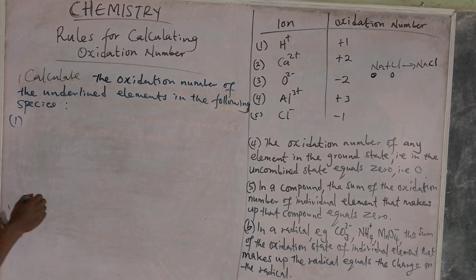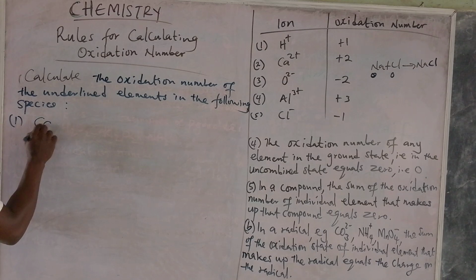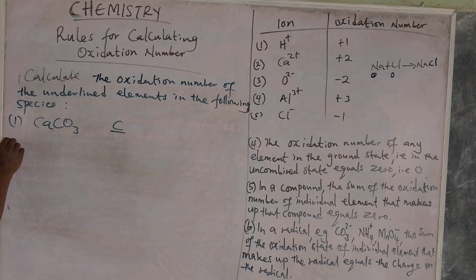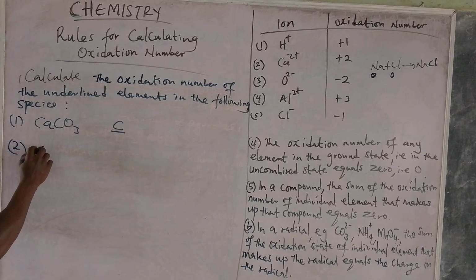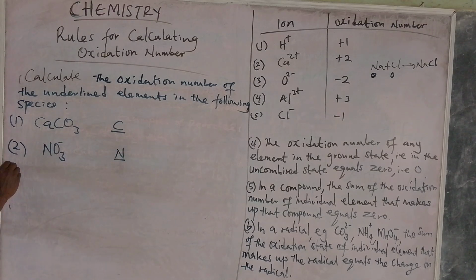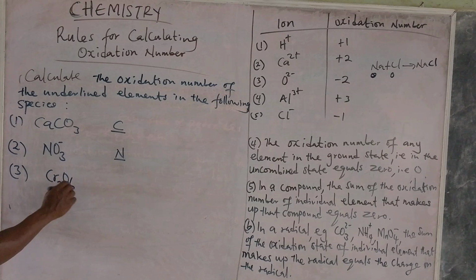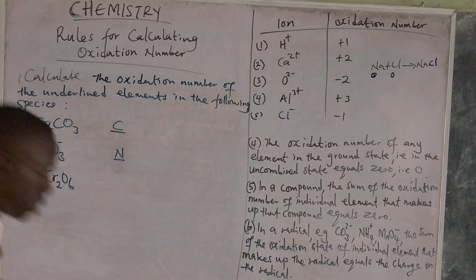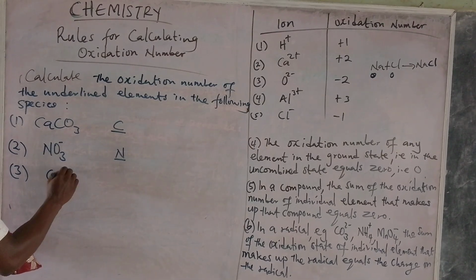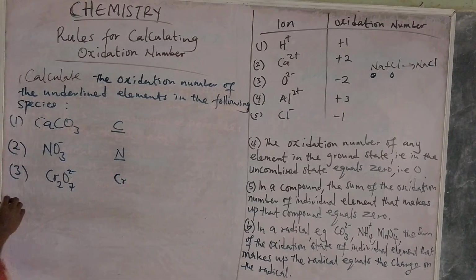Number 1, we have calcium carbonate, C. Number 2, we have NO3-, N. Number 3, we have Cr2O7 2-, Cr.